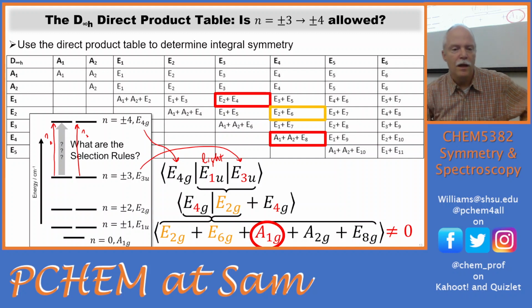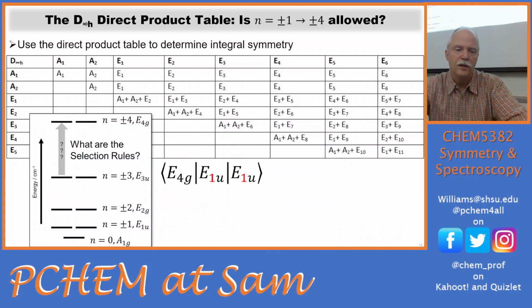Okay. Now, we haven't done the change from like n equals 0 to n equals 3. So like a change of 3 quantum numbers. Okay, so let's see. So 1 to 4. So here we're going from 1 to 4.